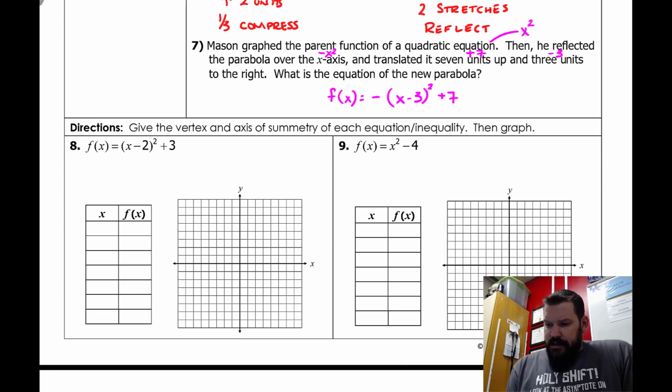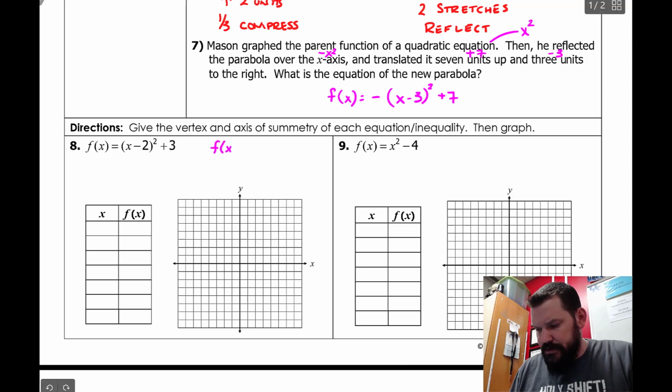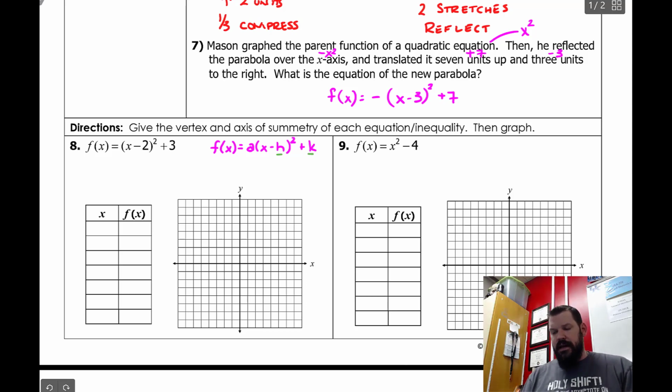So when we look at number 8, give the vertex and axis of symmetry of each equation or inequality and then graph it. So remember, our vertex form is f of x equals a times x minus h quantity squared plus k. H and k is the vertex, and x equals h is the axis of symmetry.